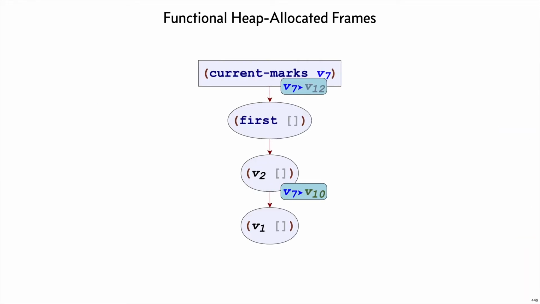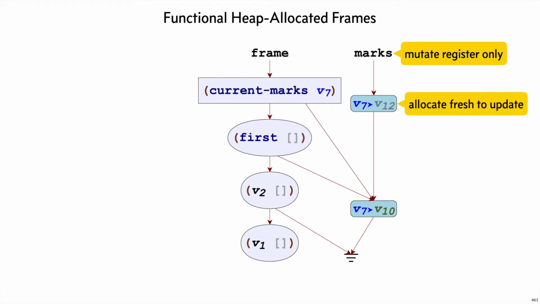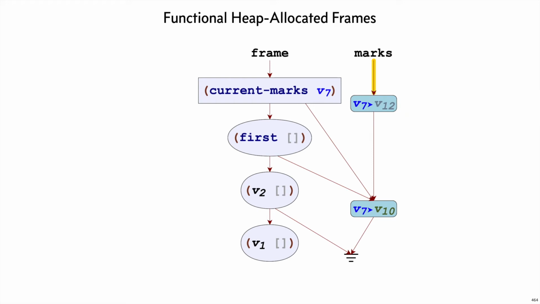Instead of attaching marks directly to continuation frames, we'll put them in a separate list referenced by a marks global register. That way, whenever we change the marks on the current frame, instead of changing the frame, we'll just update the marks register. And instead of mutating an existing badge whenever we add marks in a frame, we'll just allocate a fresh badge record to put into the marks list. Now, the marks register refers to the marks for the current frame.